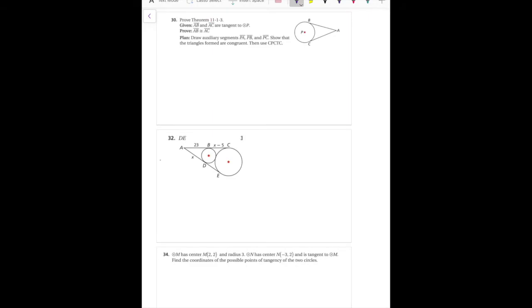All the auxiliary lines, so they want you to draw PA, PB and PC, all those three segments. So you can see there are two triangles. So let's prove those two triangles are congruent.